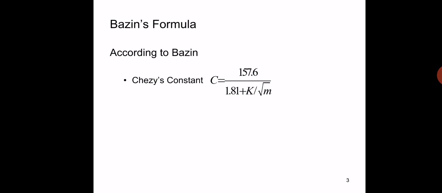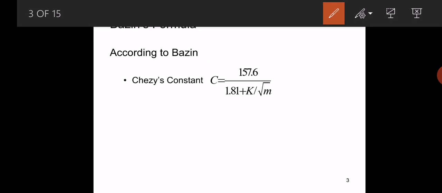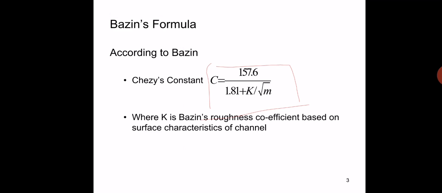This is the Chezy's constant according to Bazin's formula, where K is Bazin's roughness coefficient. It depends on the surface characteristics of a channel.